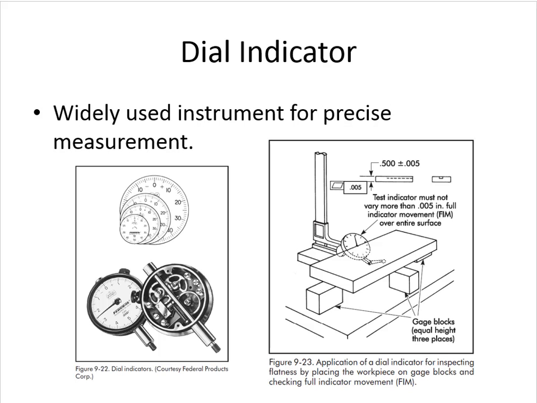Here's a tool that's used a lot in inspection of parts. It's called the dial indicator. That's used for checking flatness or parallelism. You'll have a granite plate, and then you'll set your workpiece up on gauge blocks, and then you have a height gauge with your dial indicator set up on it.